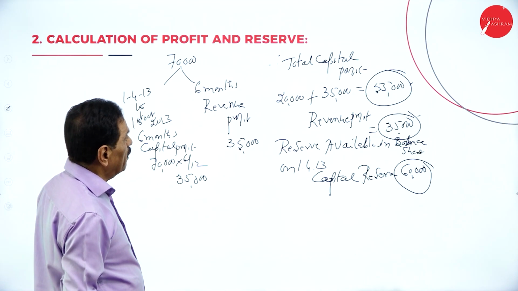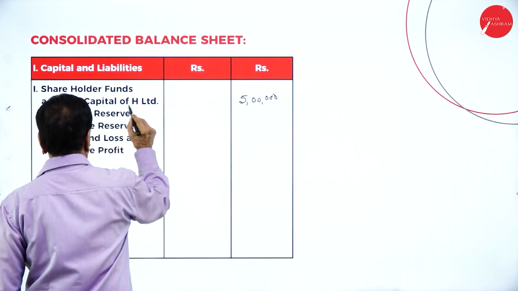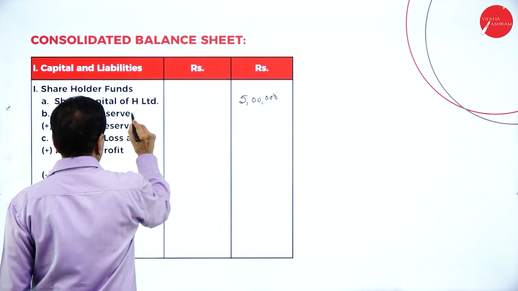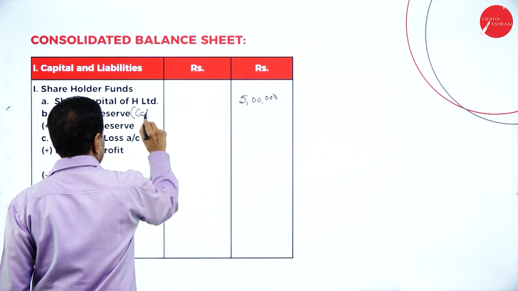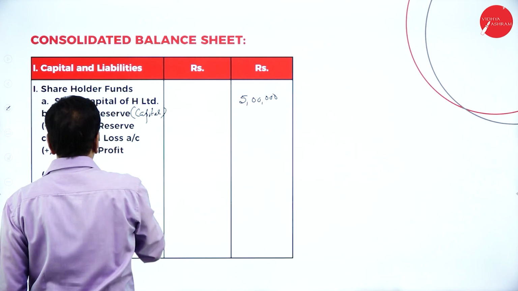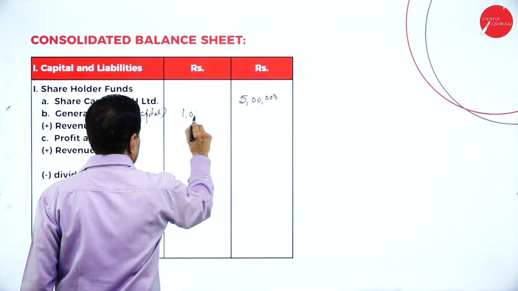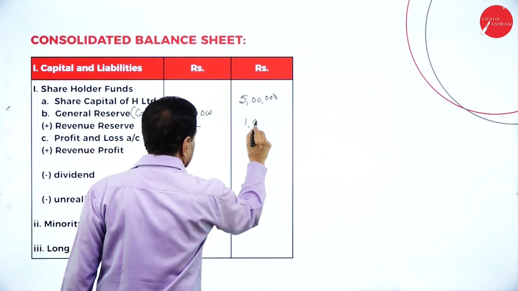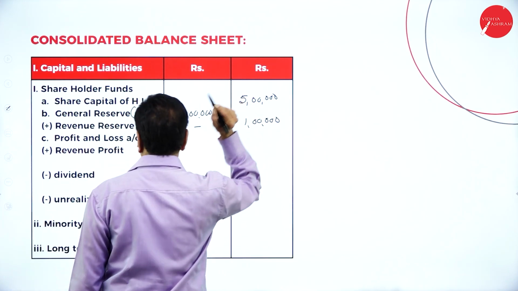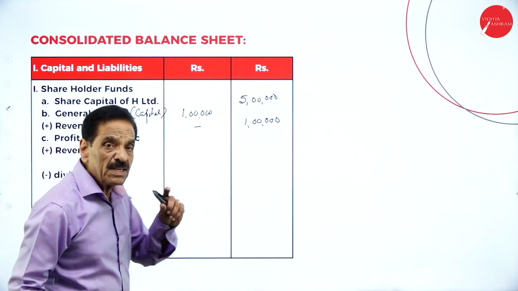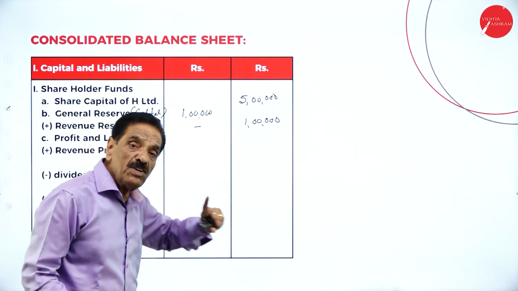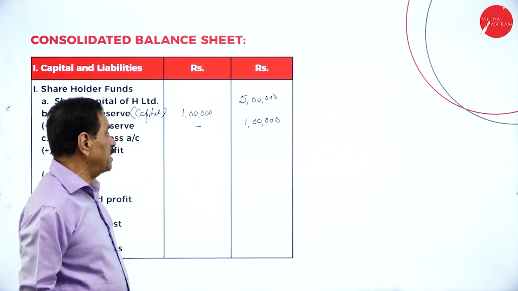So entire profit goes to balance sheet. General reserve 1 lakh. It becomes the capital reserve, because the reserve available on 1/4 means it is a capital reserve; there is no revenue reserve at all. Entire capital reserve is 1 lakh.